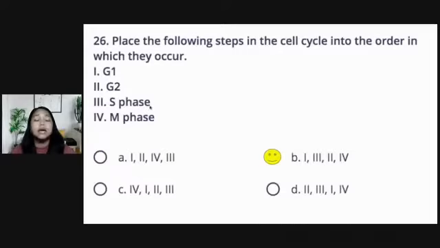And of course, you have G2, which is gap 2 prior to M phase. So that would be 1, 3, 2, then of course it is going to be followed by the M phase. Kaya tama itong ating letter B. 1, 3, 2, and 4. So letter B, ang ating choice for number 26.